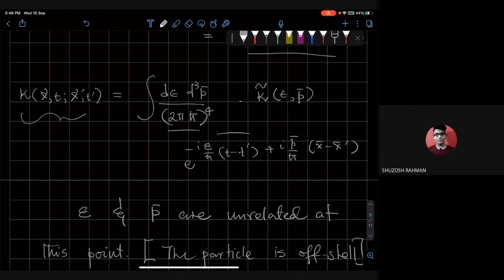Okay. Now let's apply the Schrodinger operator on K. So if I apply the Schrodinger operator, it has time derivatives and x derivatives. But this guy does not depend on t or x, right? So it's just going to come in, and there'll be one time derivative, and that one time derivative will bring down minus i epsilon by h bar, and the two space derivatives will bring down i squared p squared by h bar squared, right?